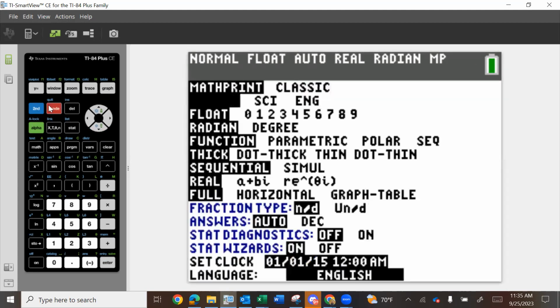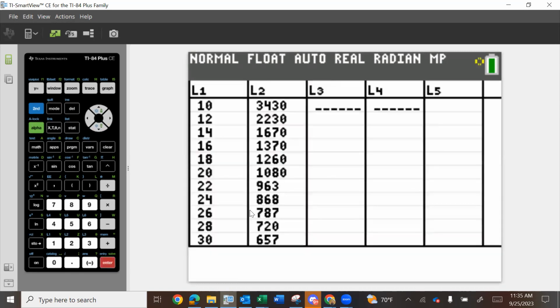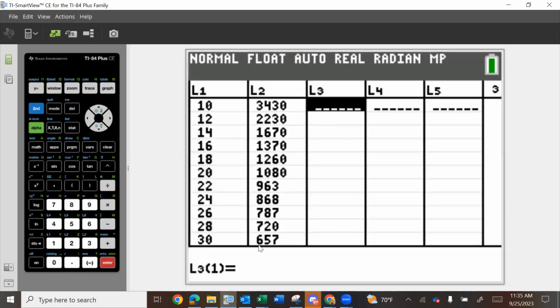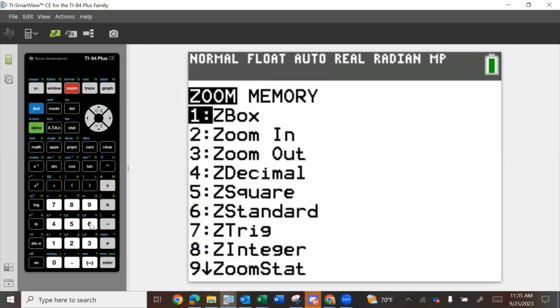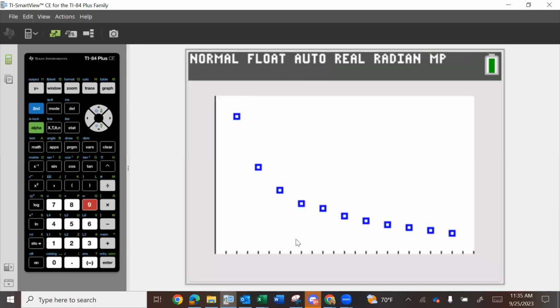Meanwhile, our data is, for the most part, quite a bit larger than 10. So that's not going to cut the mustard. So I'm going to go zoom, and then option 9, zoom stat. That'll zoom right in on all the data.